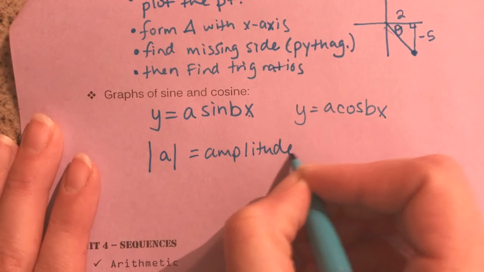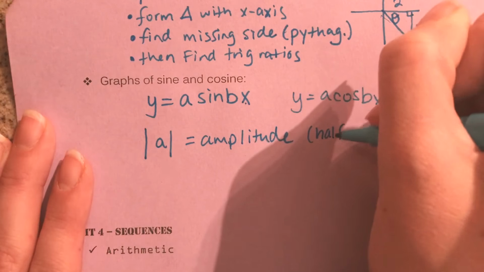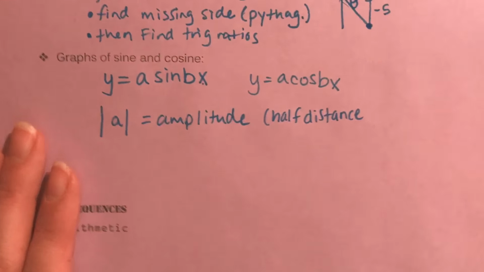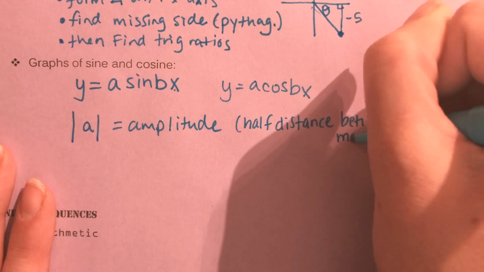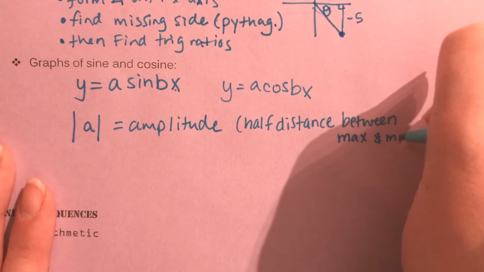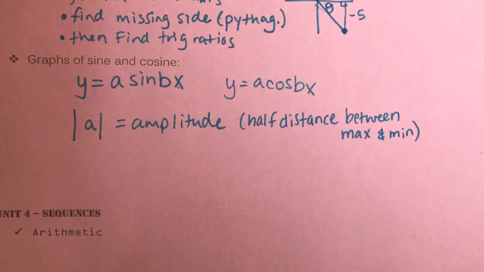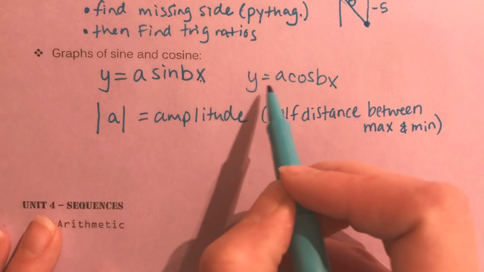And that told us how tall is it. So that was half the distance between the max and the min. Half the distance between the max and the min, that was the amplitude, and it's always a positive number, so it's just whatever's in the front of the equation.